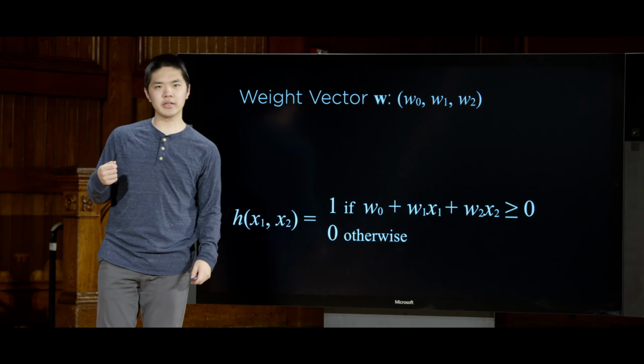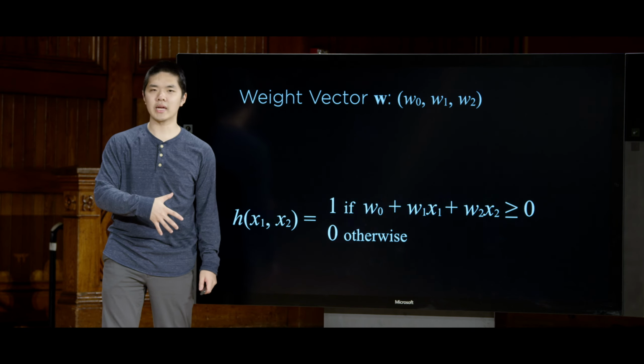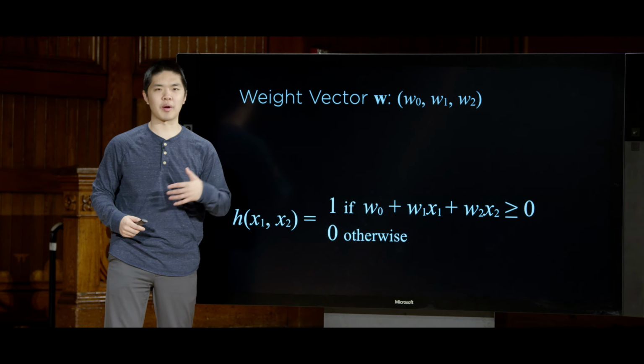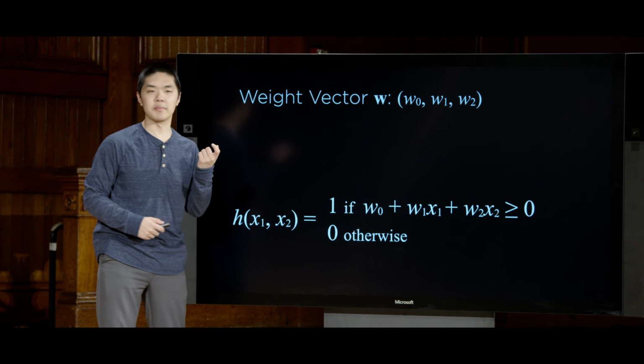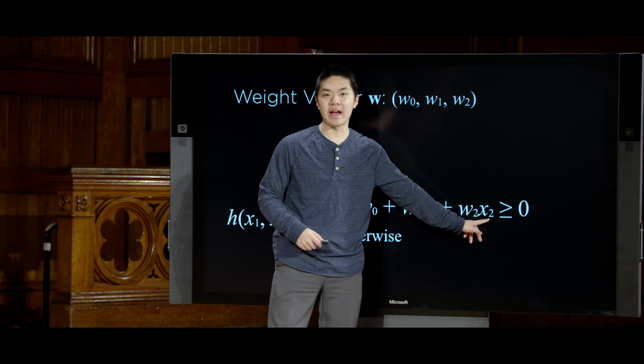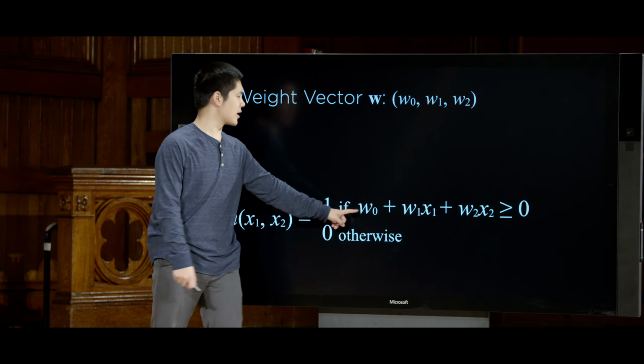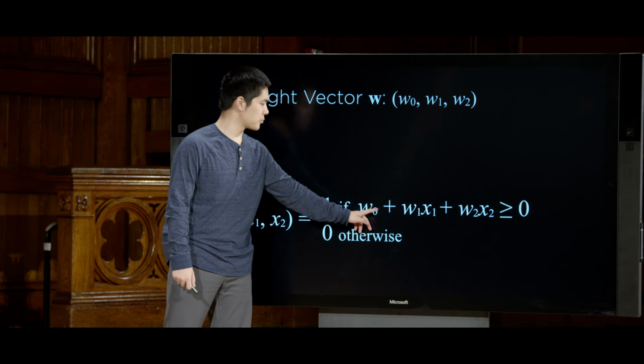And to be able to calculate based on those weights whether we think a day is raining or not raining, we're going to multiply each of those weights by one of our input variables. That w2 is going to be multiplied by input variable x2. w1 is going to be multiplied by input variable x1. And w0, well, it's not being multiplied by anything.